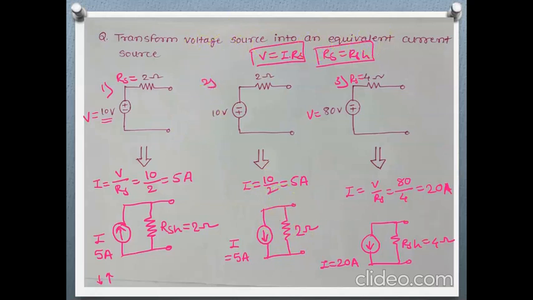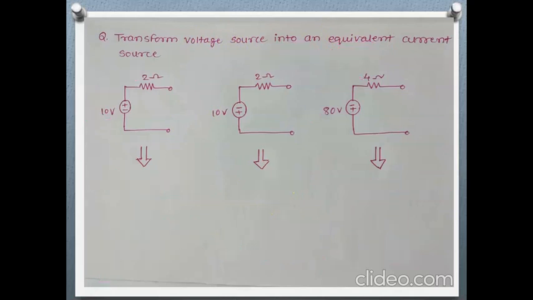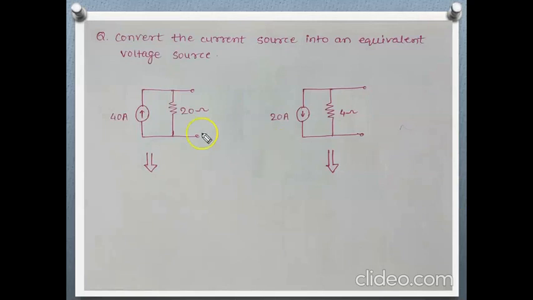Okay, let's solve some more examples. Here, convert the current source into an equivalent voltage source. The current source is given, and we have to convert it to the equivalent voltage source. Again we are using the same equations here: V is equal to I into RS, and RS is equal to RSH.